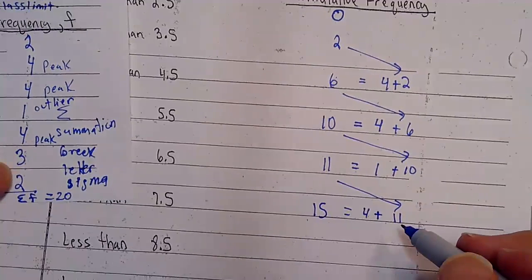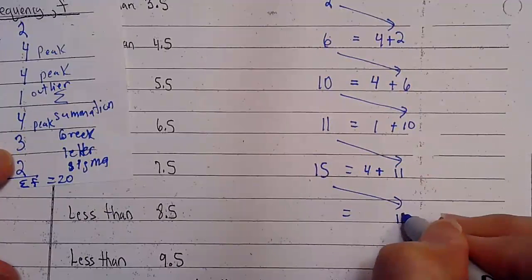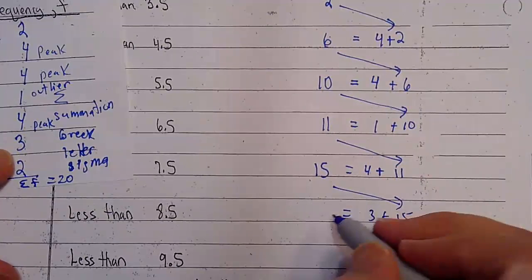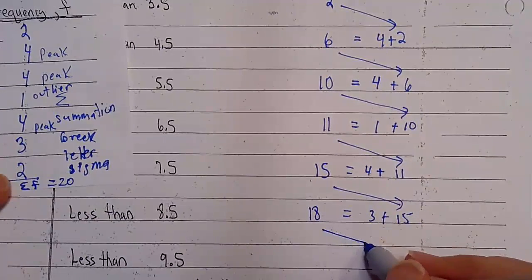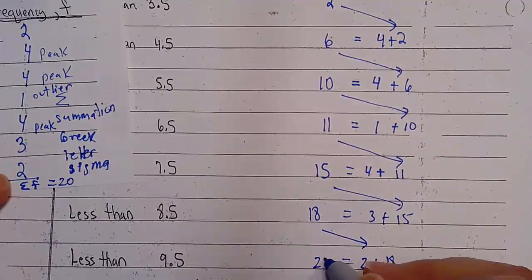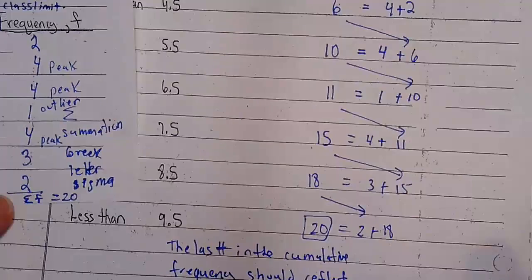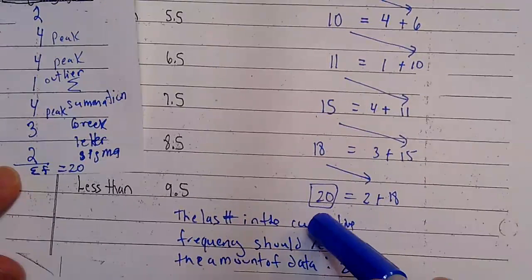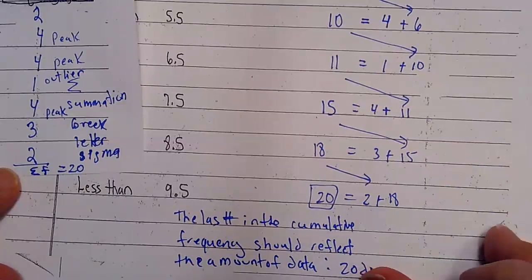Okay, then I'm going to add 3 to that. So I have 15 plus 3, which is 18. Then I'm going to add 2 to that. So 18 plus 2, which is 20. So you see? Remember I said, how do I know if my last number is correct? What do I end with? End with 20. Okay?